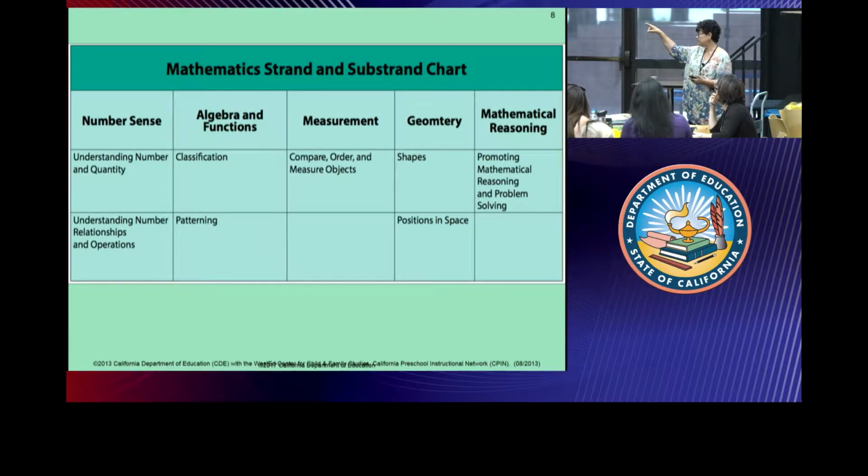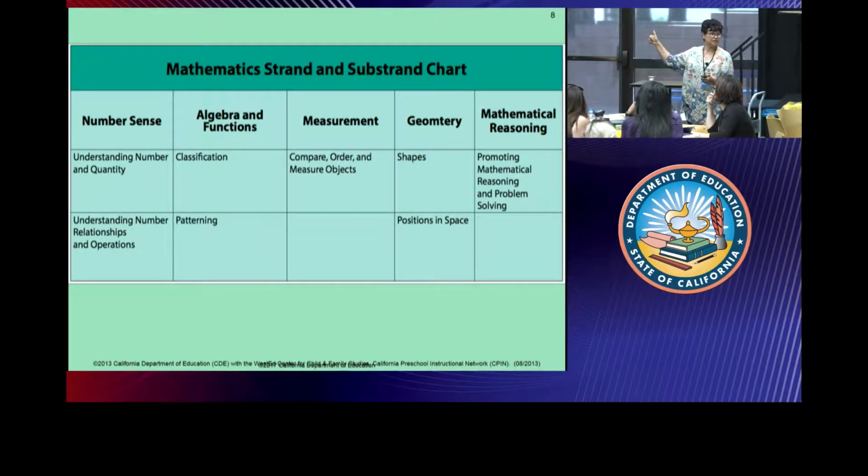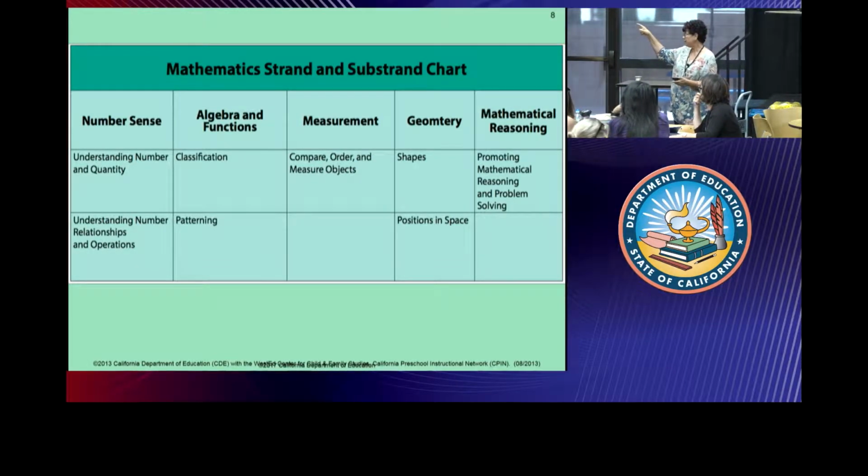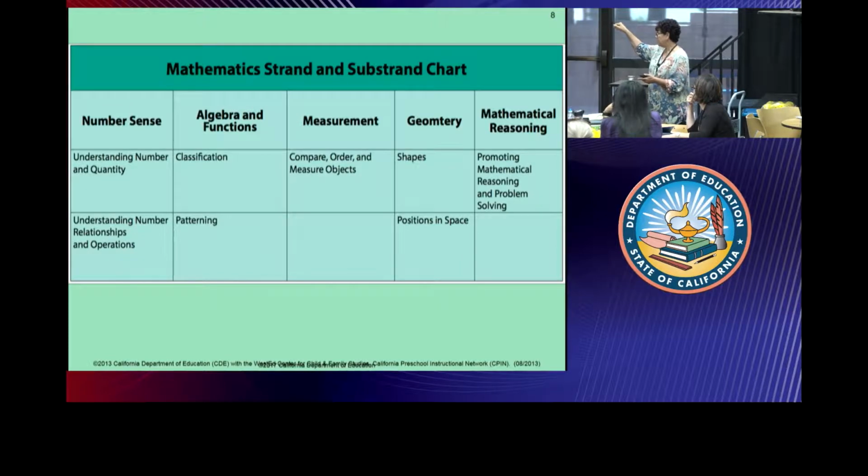Did you have to understand number and quantity or relationship of operations when we were doing that? Just give me a hands up if you think that we were doing any of that. A little bit? You think so? What about classification and patterning? Do you think we did those? No. What about compare, order, and measure?